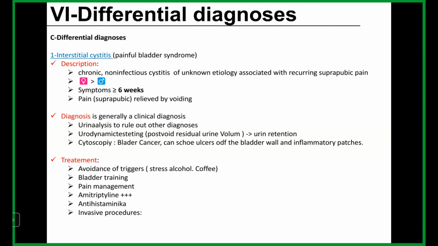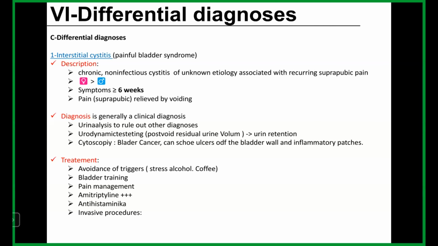And there we also cannot have a clear etiology for this. It is more frequent in women than men. The symptoms last more than 6 weeks, and the pain is suprapubic. And sometimes they don't have urine urgency or the other signs of the lower urinary tract infection.